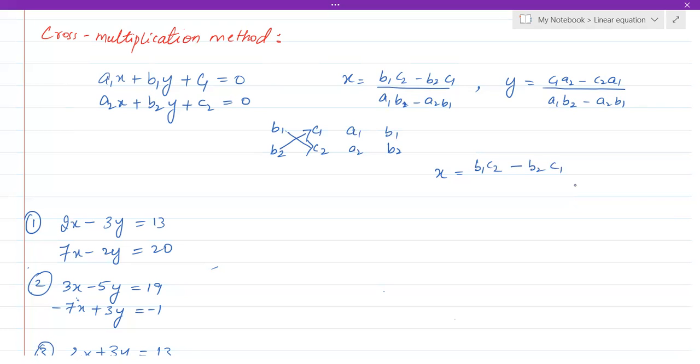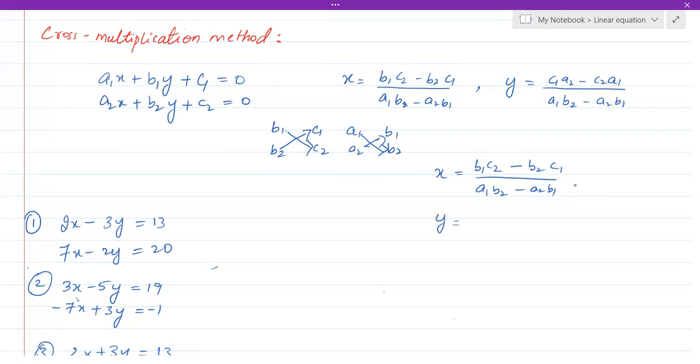Okay, and the first two and the last two. See, this is always for the denominator. The last two is for the denominator. a1 b2 minus a2 b1, isn't it? So that's how we can easily remember the formula.